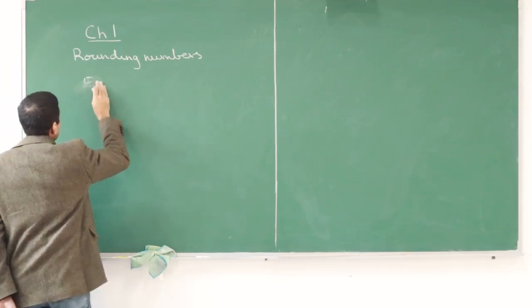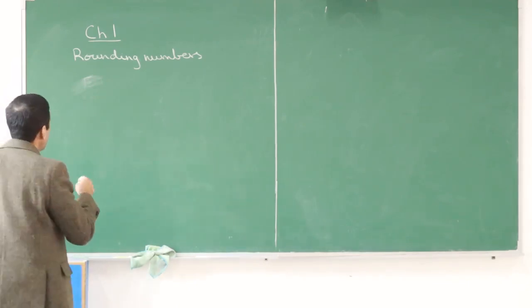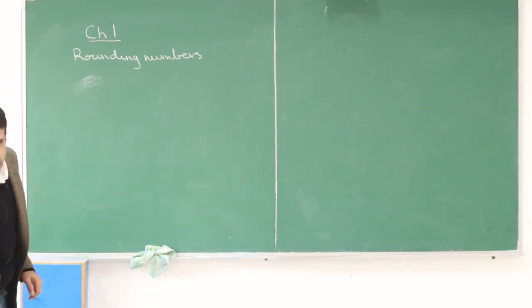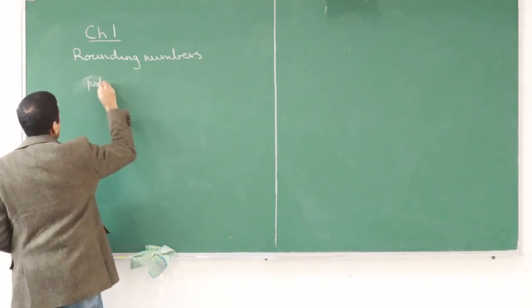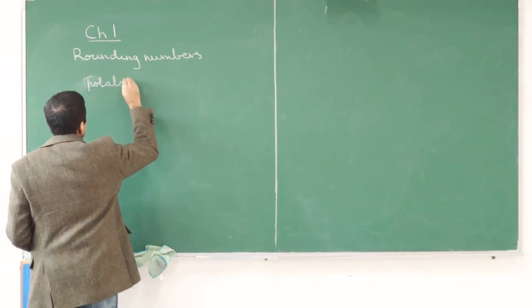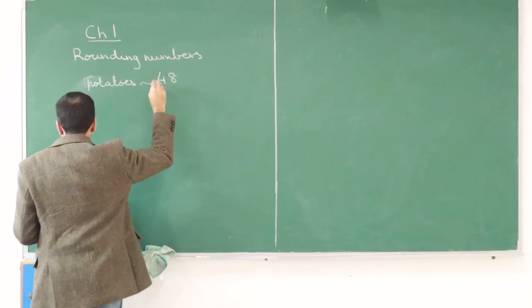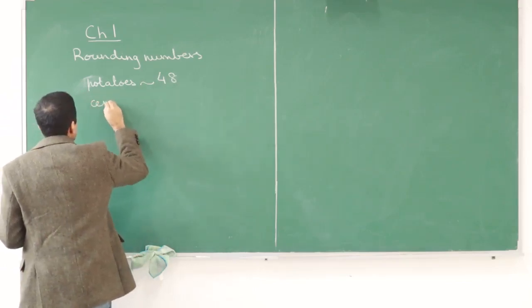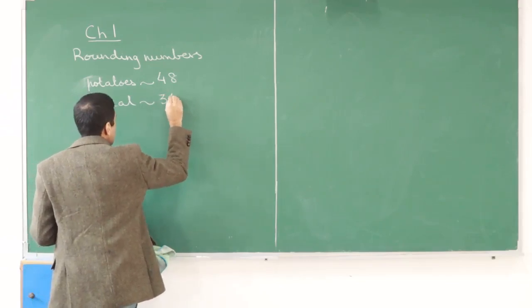So let's think about it. Let's look at a scenario. Let's say you want to go to a shop and you have to pay some money. You're buying some potatoes. You have to buy some cereal, which is going to be around 34 rupees.